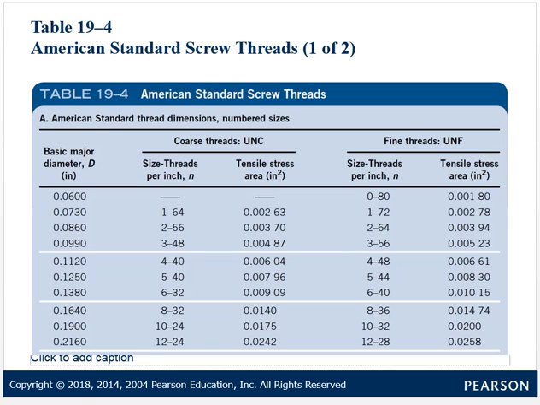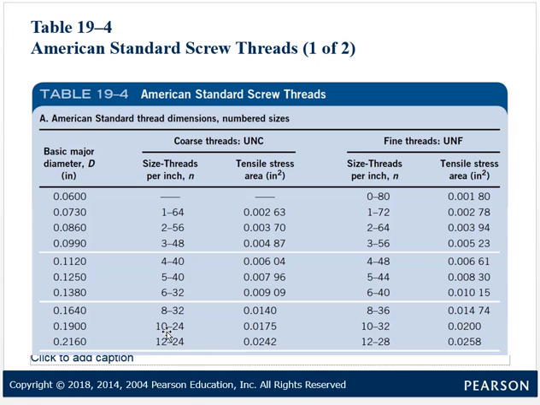Table 19-4 really talks about these tensile stress areas. Okay, so here's our basic diameter. This would be the nominal diameter, and then this would be the size in the threads per inch.